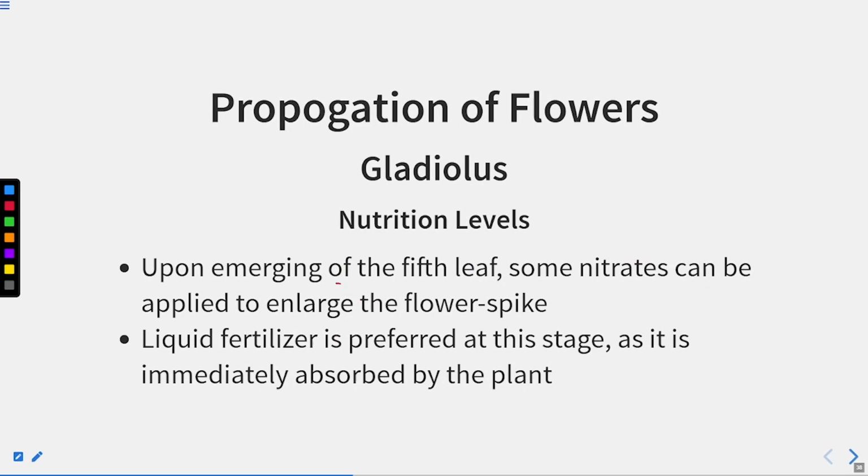Upon emergence of the fifth leaf, some nitrates can be applied to enlarge the flower spikes. These flowers occur in spikes like this.